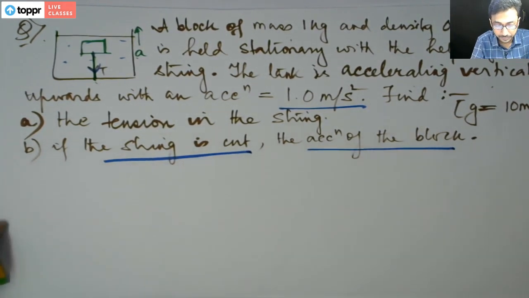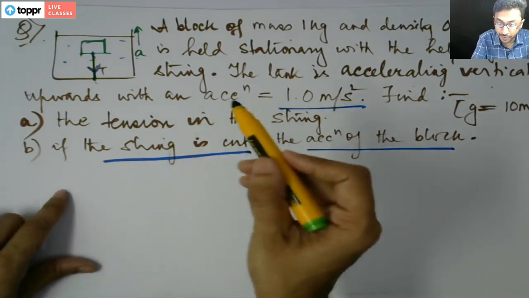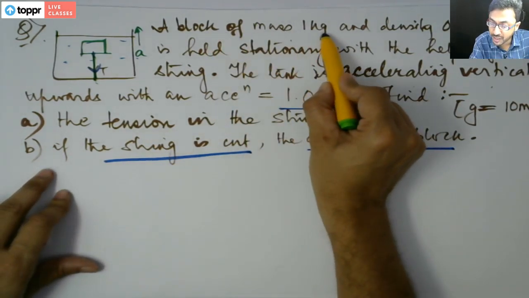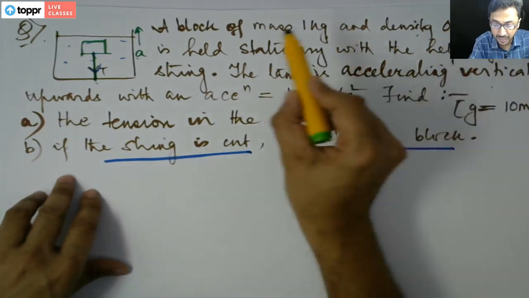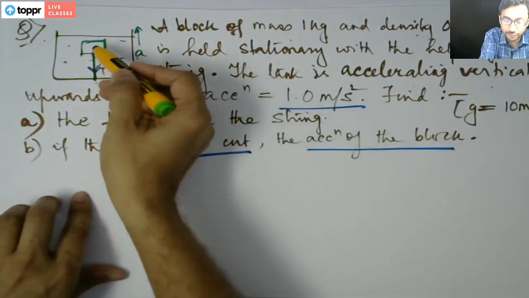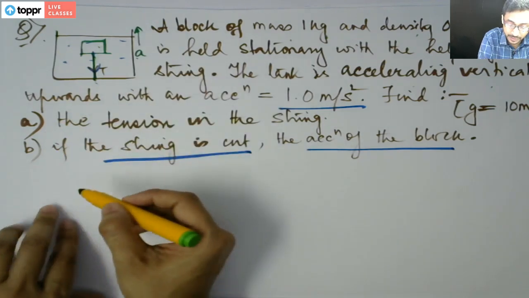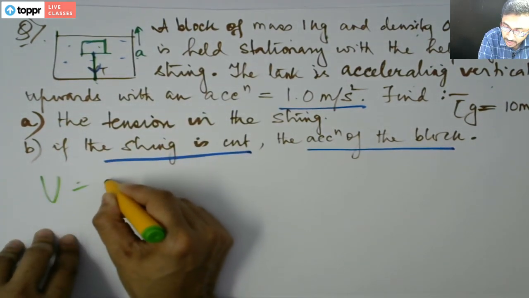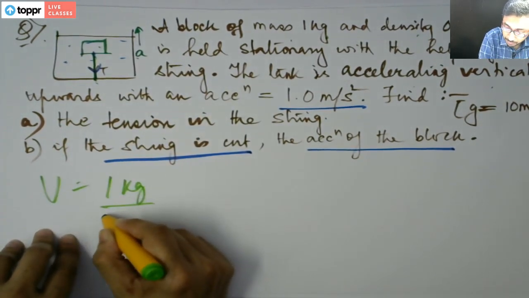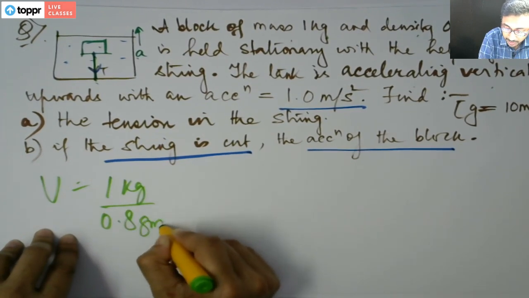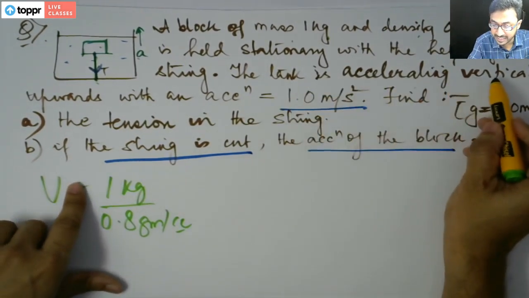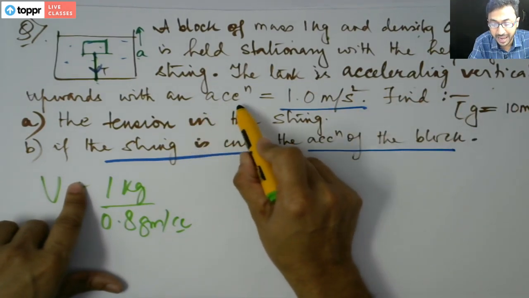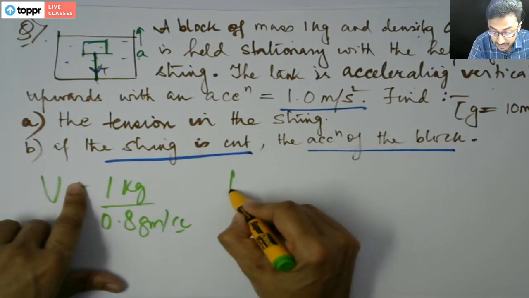Let us see. First of all, a block of mass 1 kg and density equal to 0.8 gram per cc. So first we have to find out the volume of this mass, which you can find out using 0.8 gram per cc. Now see, the tank is accelerating vertically upwards with an acceleration. What will be the upthrust?